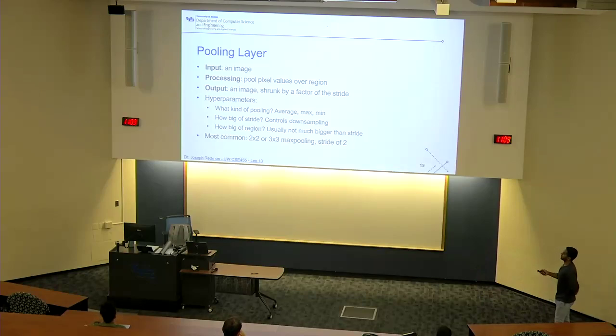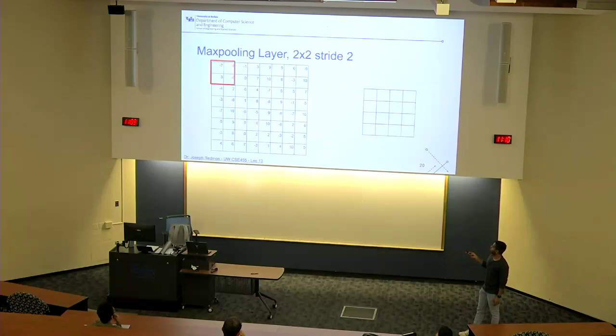The bigger your stride, the fewer output values you end up with, so the more downsampled your output would be. And typically, this is just empirical convention that the pooling region and stride are generally close to each other. 2x2, 3x3 max pooling with a stride of 2 is very commonly used.